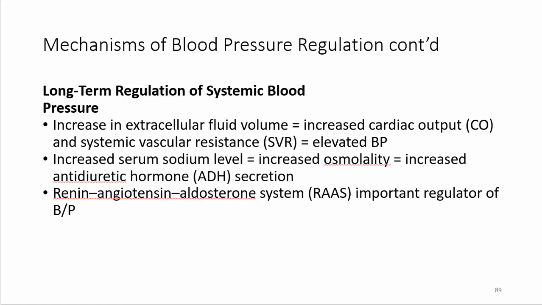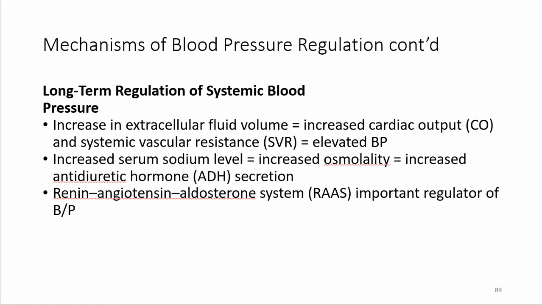Now, the renin-angiotensin-aldosterone system is really a big important regulator of blood pressure. Renin is a hormone that's released by the kidneys in response to not enough pressure for effective glomerular filtration. The renin causes angiotensinogen to turn into angiotensin 1.